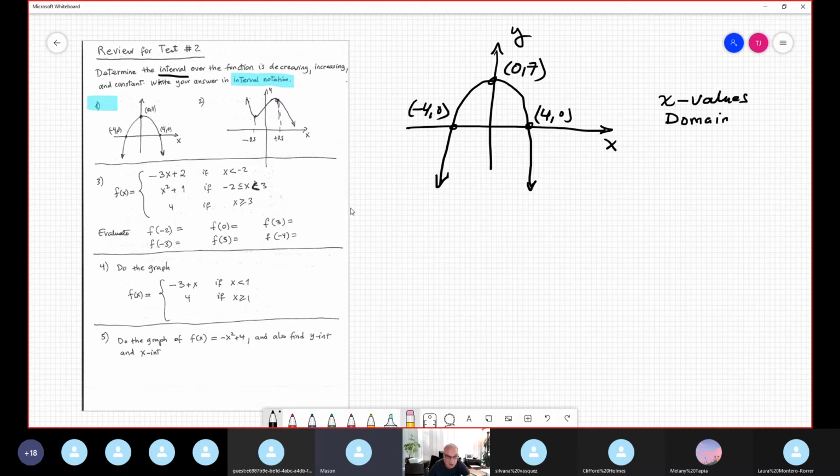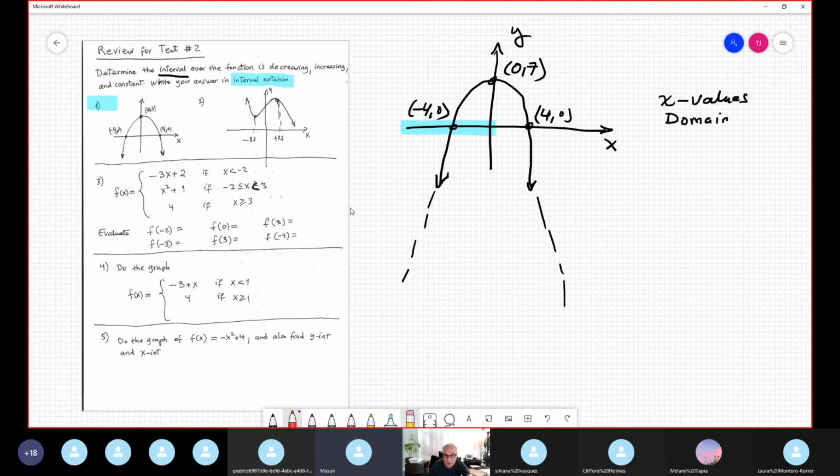Okay, so in this case, I can see que this arrow indicates que this parabola continues forever in that direction, no? So I don't care about that part. However, I can see, I don't know if you see or no, que in this interval, my function is increasing.